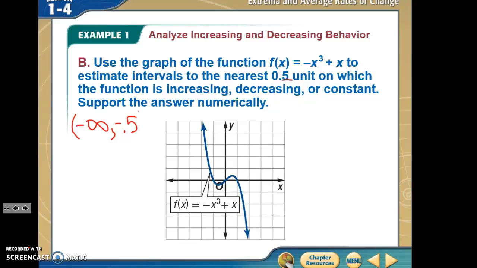All right, so we'll do a parenthesis, and so we're decreasing here to here. So then at this point, we're at a vertex. So at that point, our graph is changing direction. And so at negative 0.5, what are we doing? Increasing to 0.5.